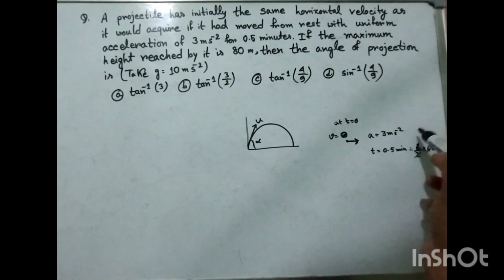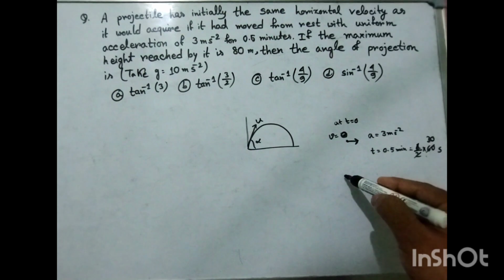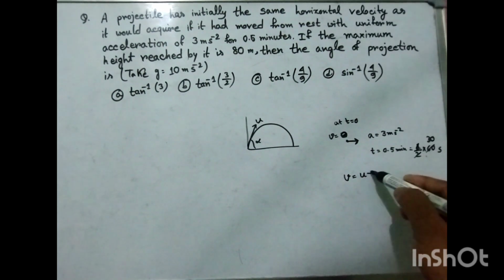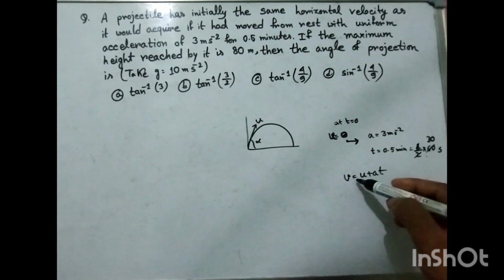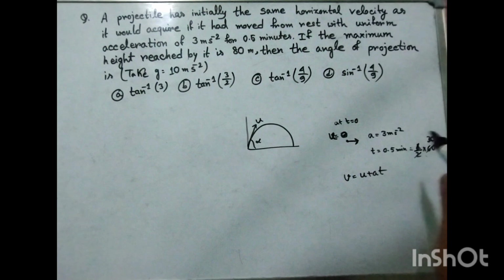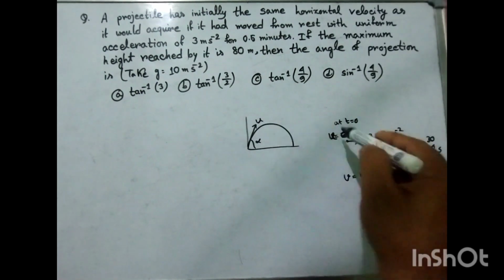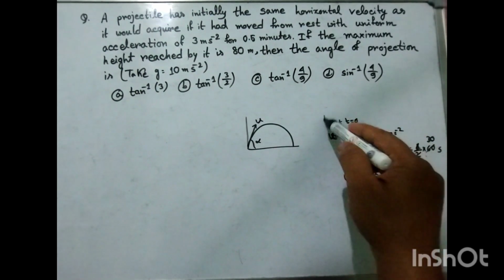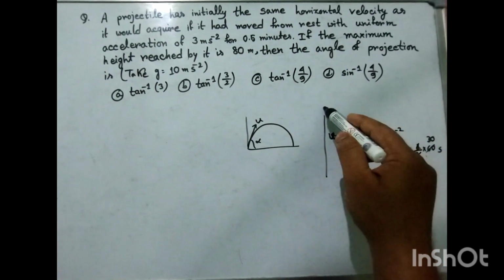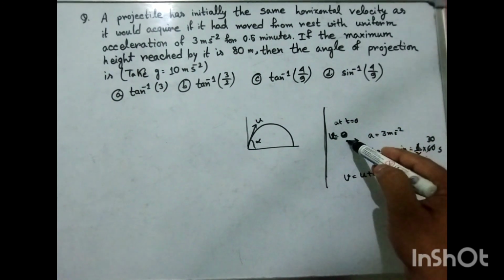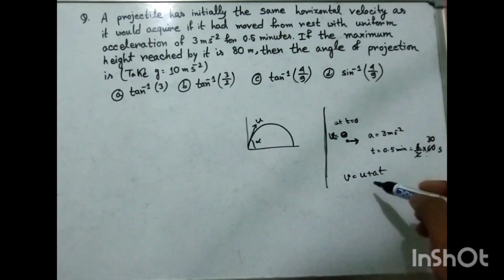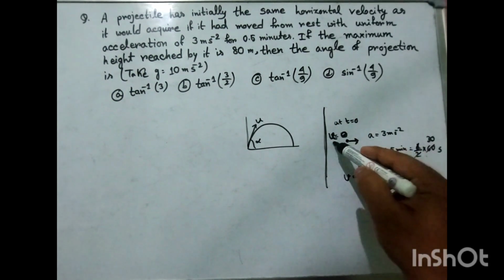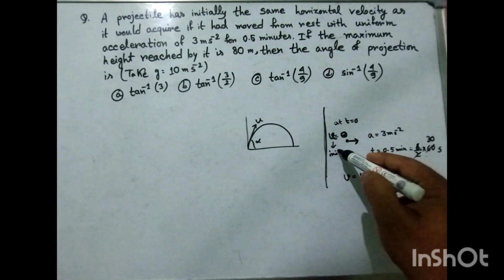We know that v equal to u plus at. This is the initial speed, so you can take it as u. Okay, this u and this u are not the same. This is another motion. This is a straight line motion of a particle, and this is projectile motion. Here u means initial speed.